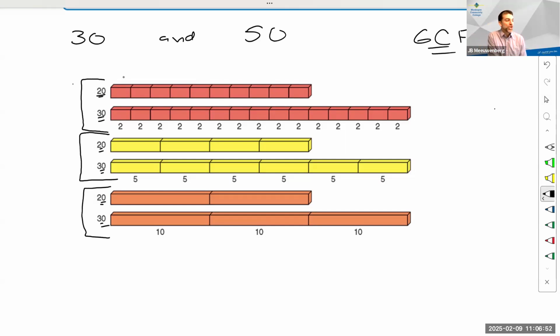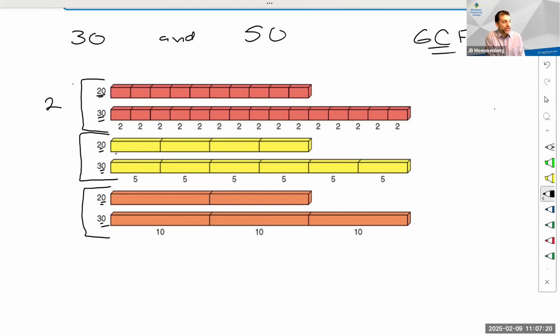So this first one shows that both 20 and 30 have a common factor of 2. Because if you break up the number 20 into little groups of 2, right? This is called maybe a rod. You have a group of 2, 2, 2, 2, 2, 2, 2, 2, 2, 2, right? 10 little groups of 2. And for 30, you can do the same thing, and there are 15 groups of 2. So we know that 2 is a common factor.